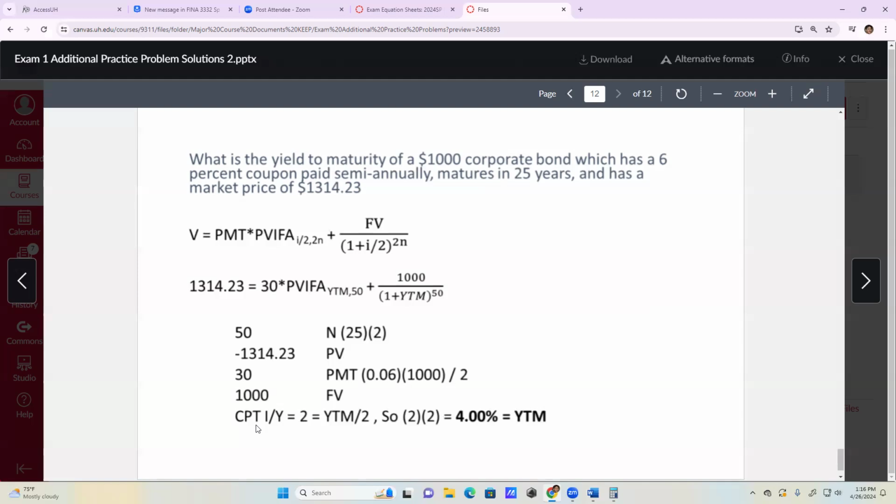However, do you guys remember that it's semi-annually, right? So this 2 means 2% for 6 months. The answer wants you to convert it into annually. So you have to multiply by 2 to get 4%. So you see how it could be very tricky.